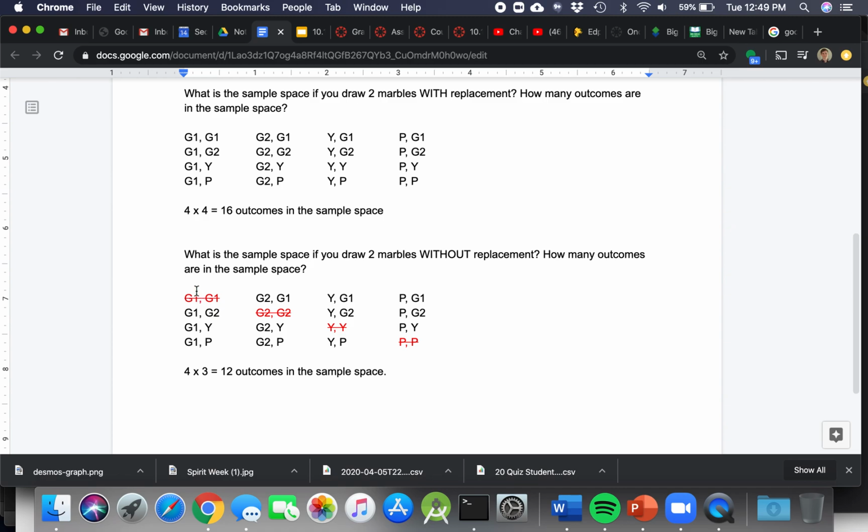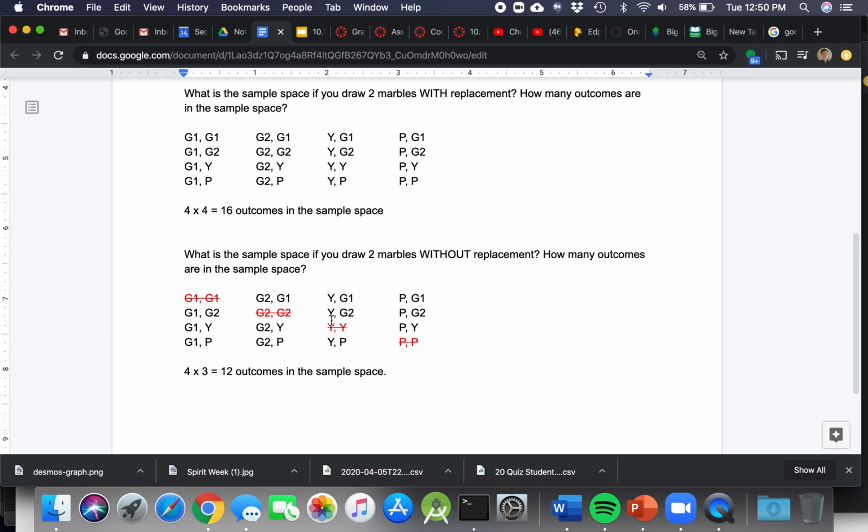And mainly, if you draw the green 1 on the first draw, you could not draw green 1 again on the second draw because it would have been taken out. If your first draw was green 2, your second draw could not have been green 2 because that one was taken out and not replaced.